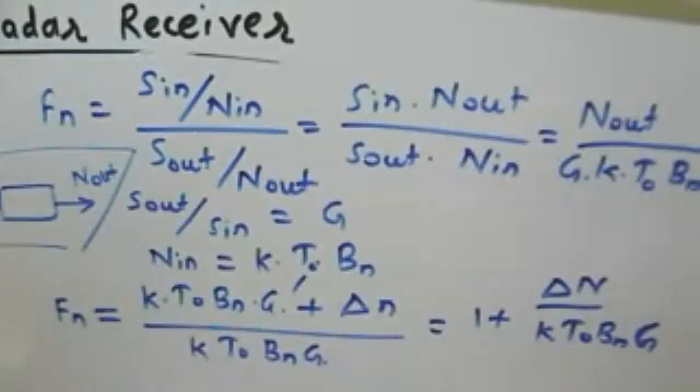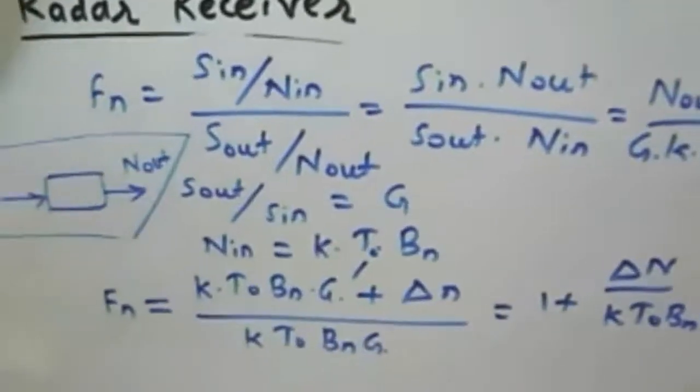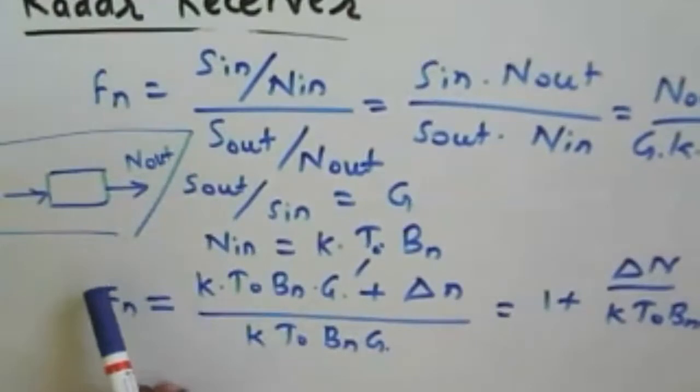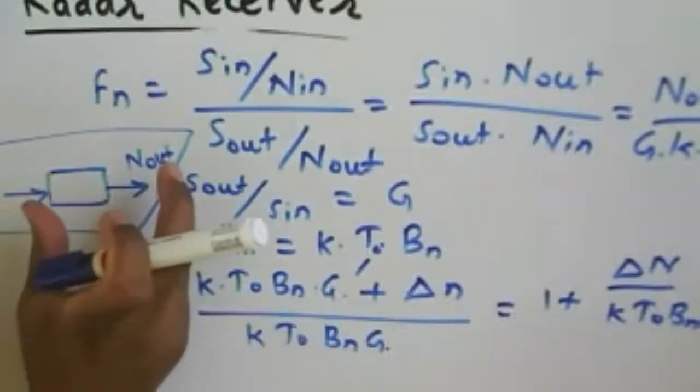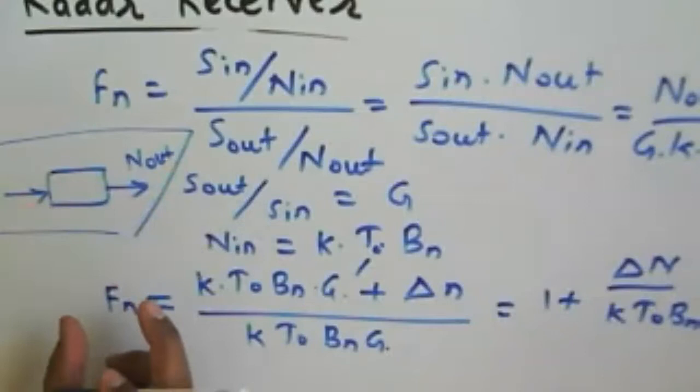Generally a noise figure can be expressed in terms of a noise factor also, or we can write the noise figure in decibels, that is 10 log of Fn. While defining the noise figure, we need to consider that the input and output of the device are to be matched.